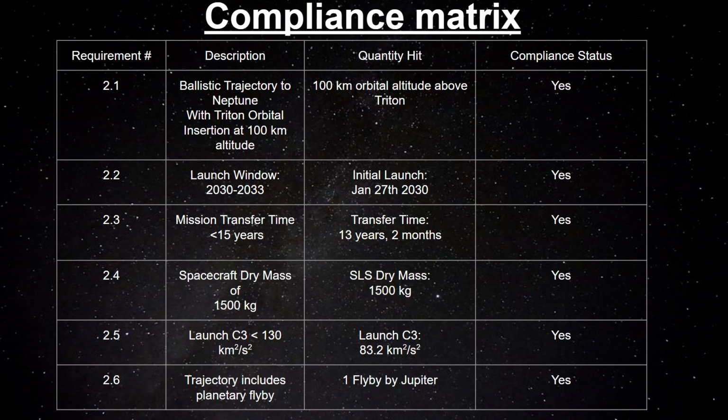And our launch C3 was 83.2 kilometers squared per second squared, which fits within the capabilities of the SLS Block 2. Our trajectory includes 1 flyby by Jupiter, which aligns with one of the mission requirements.